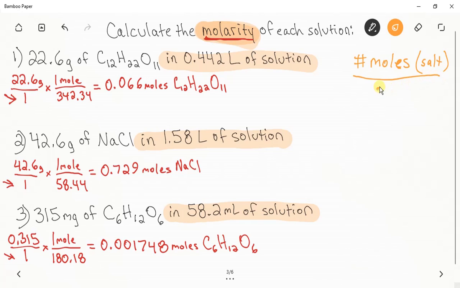It's out of 1 liter of water that we add to the salt to make the solution. It's kind of like making Kool-Aid or something. You take some powder and put it in 1 liter of water in a pitcher, mix it up and dissolve it, and it turns into a solution. So Kool-Aid is a solution.